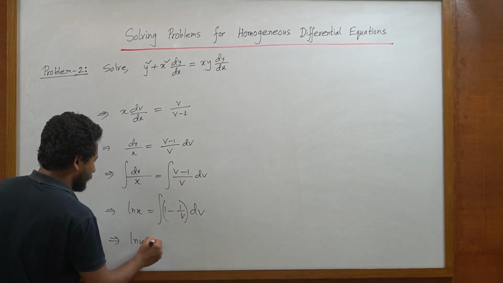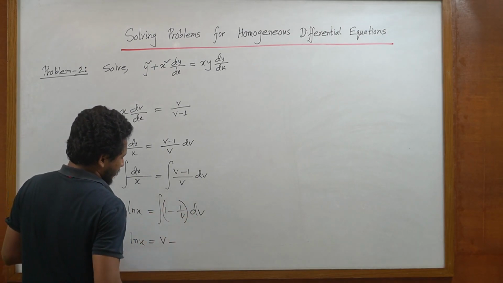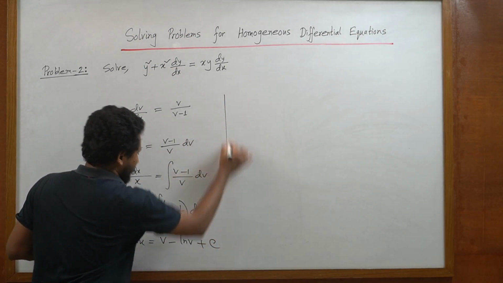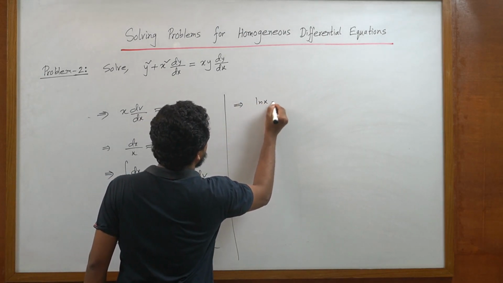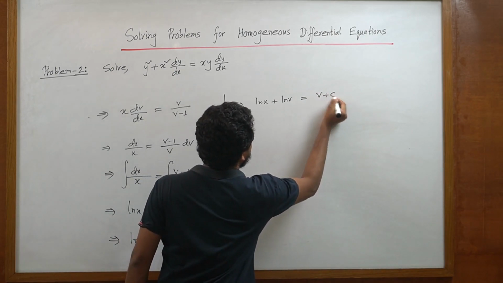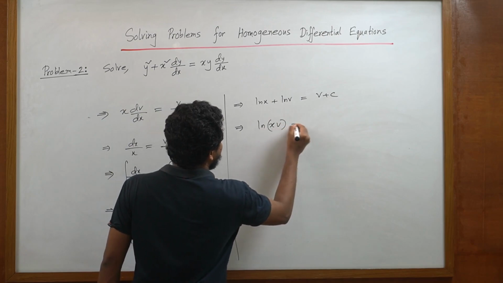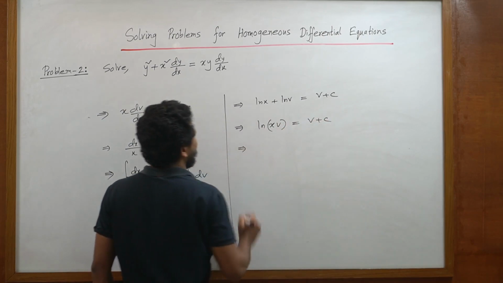So ln x equals integration of 1 with respect to v is v minus integration of 1 by v with respect to v is ln v plus some constant. So ln x plus ln v equals v plus c. Ln x into v equals v plus c.